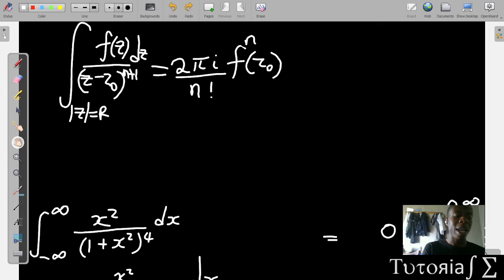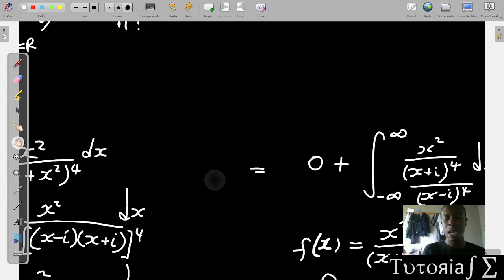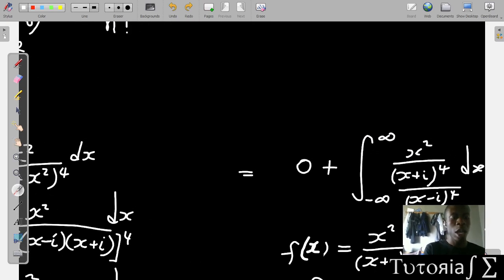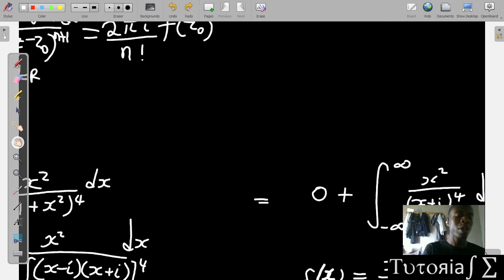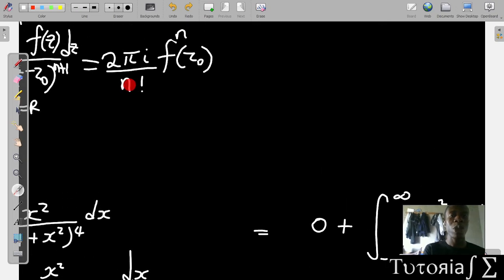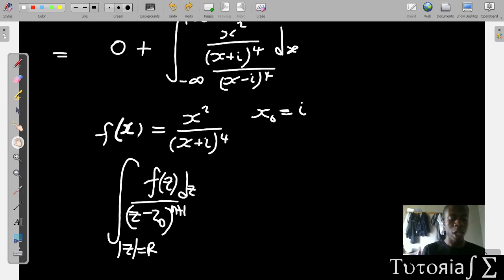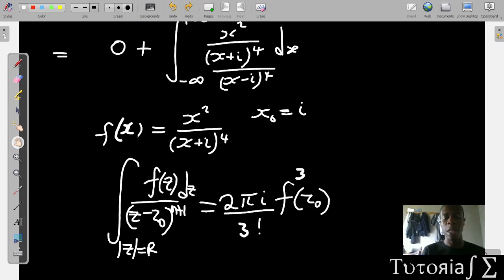What is our n? There should be n plus 1. When you look at here, n plus 1 would be 3 plus 1, meaning that our n is 3. So here we can put 3, and here we can put 3, so that is equal to that and that.